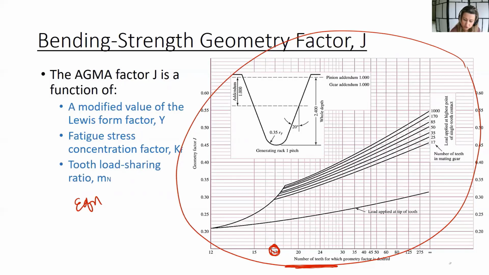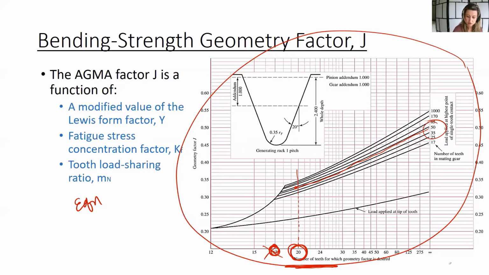Actually, that's not the best example. Let's say you have a 20-tooth pinion meshing with a 50-tooth gear. See how I did that? I found the 50 over here, that's the meshing gear.